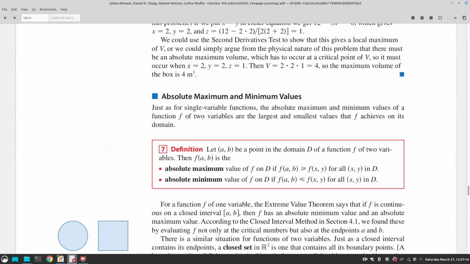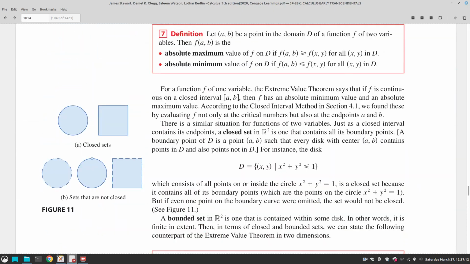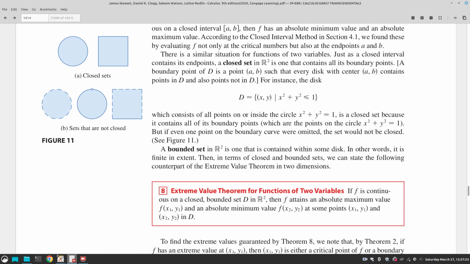Okay, so we've looked at the function of one variable, right? And now let's see what happens with functions of multiple variables. You've already looked at open sets and closed sets.